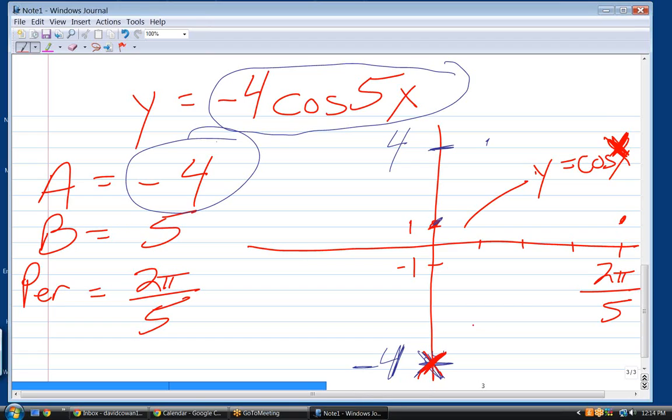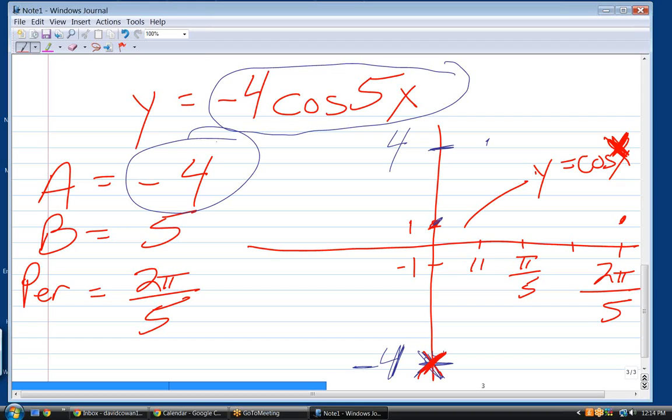What are the quarter points? What's this halfway point here? Pi over 5. What's this quarter point? Just divide it in half. Pi over 10.